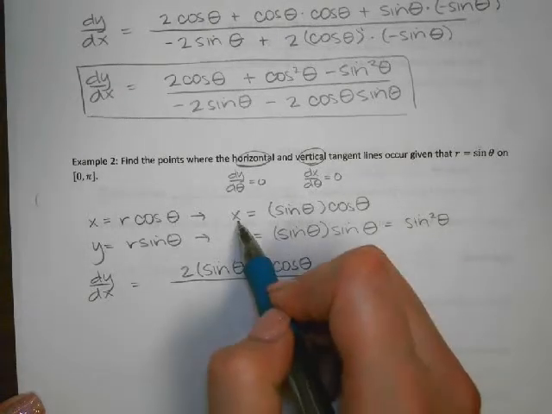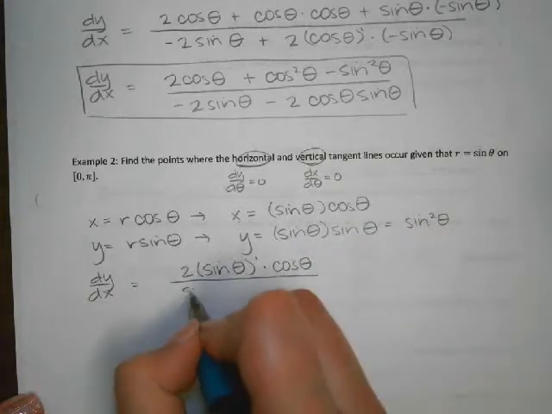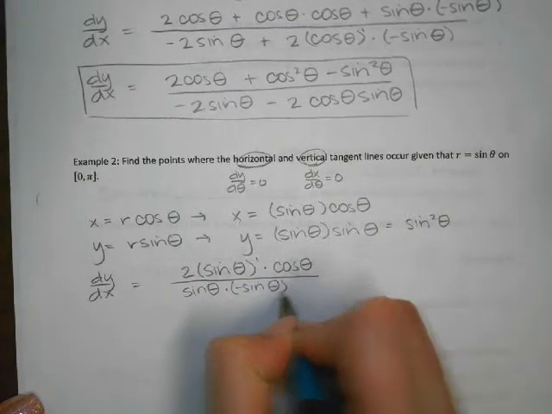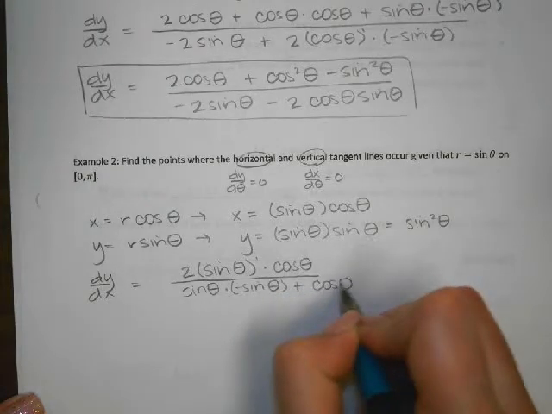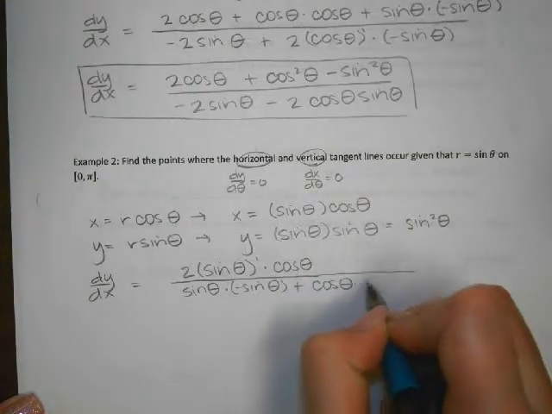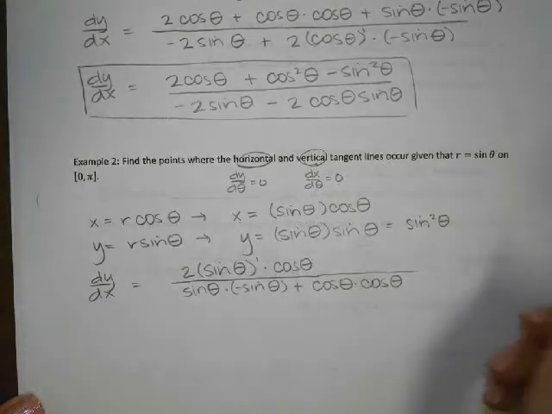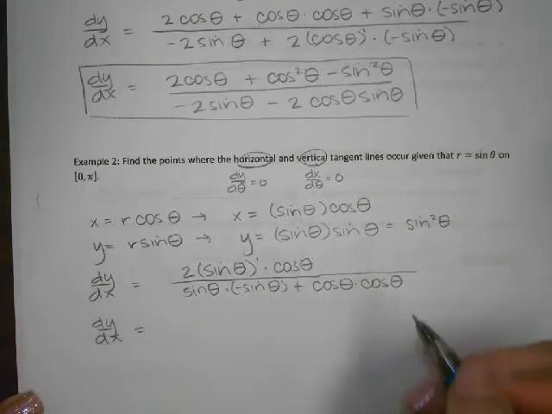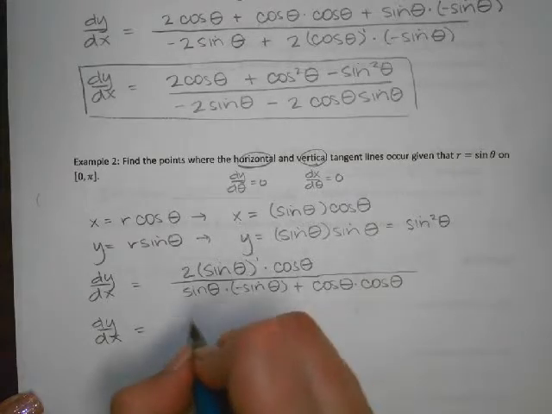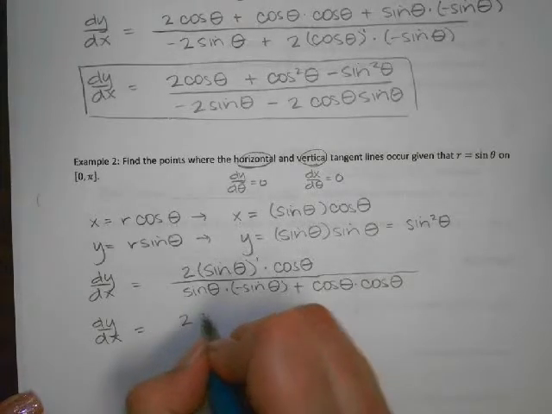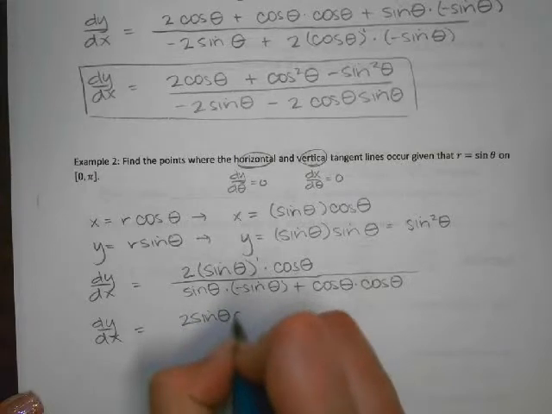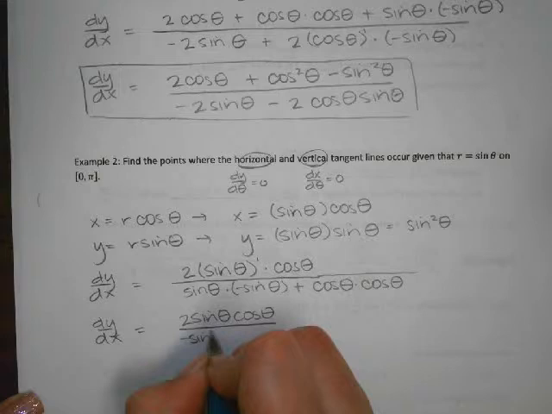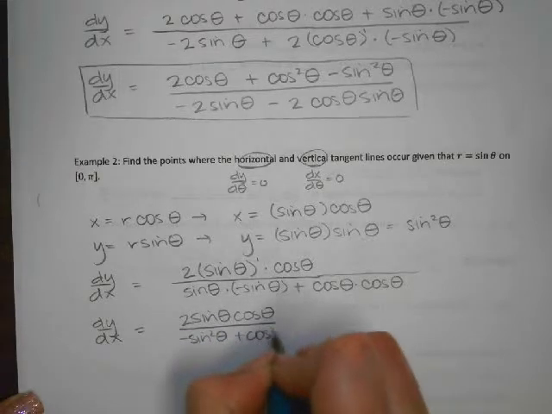For the derivative of x, I have the first times the derivative of the second plus the second times the derivative of the first. So I'm going to go ahead and just simplify that. I should maybe be conserving space. Oh well. I have 2 sine theta cos theta, and then negative sine squared plus cos squared.